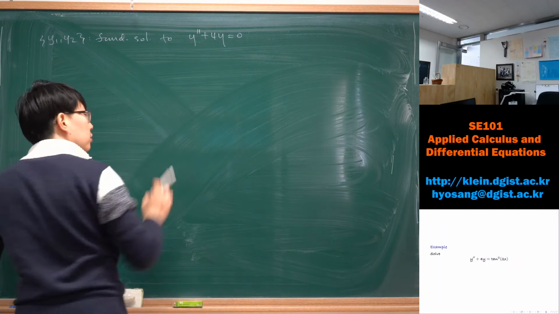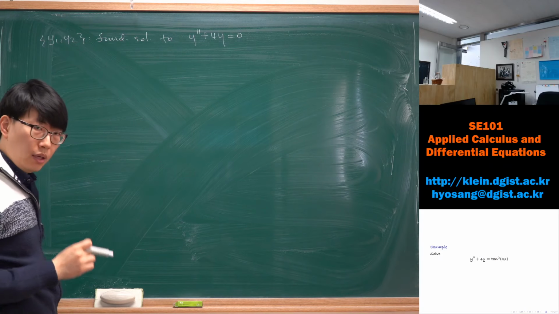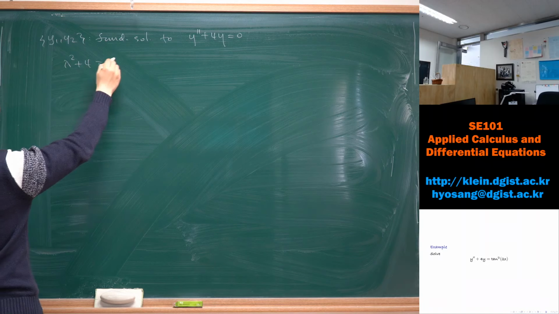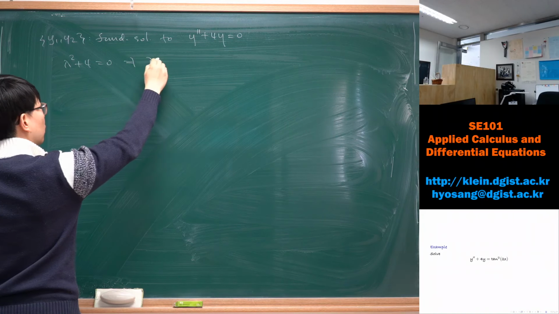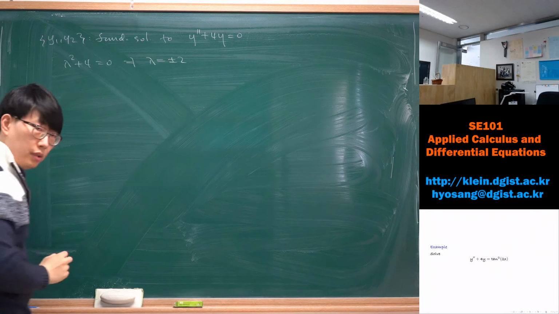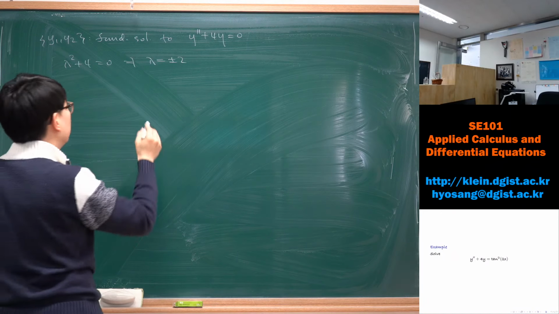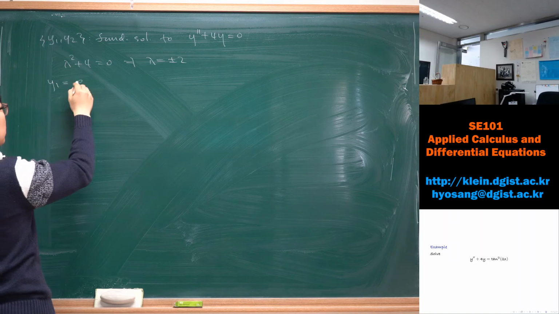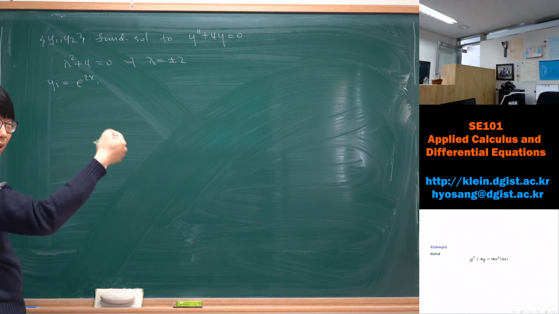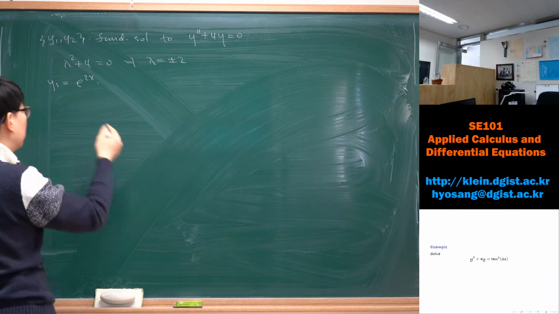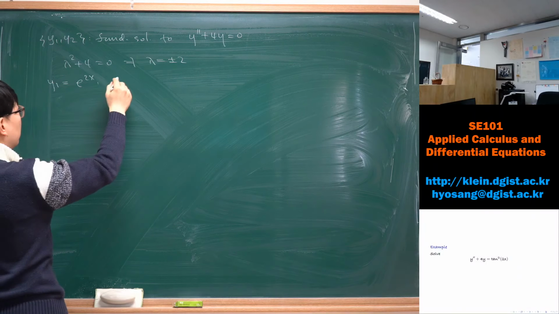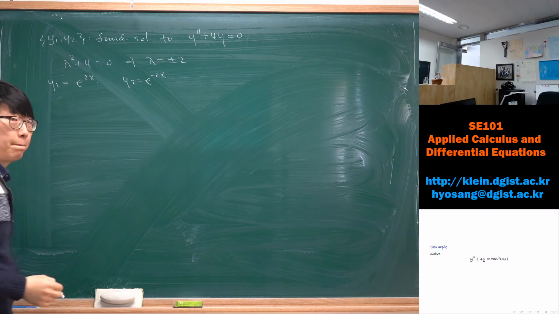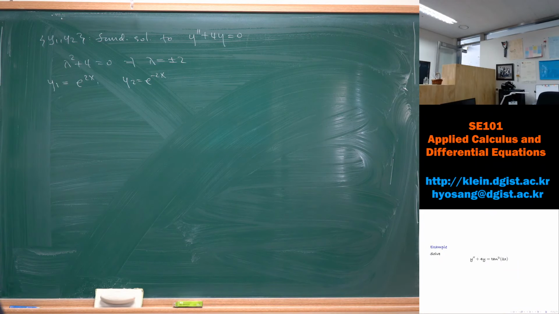You can solve this differential equation using the characteristic equation lambda squared plus 4 equals 0, so lambda is plus or minus 2i. Therefore, y1 is e to the 2x, and y2 is e to the negative 2x. So these are fundamental solutions.